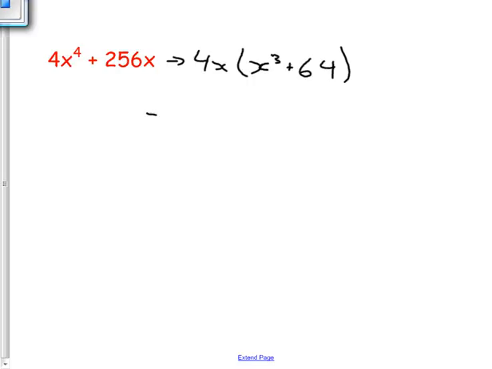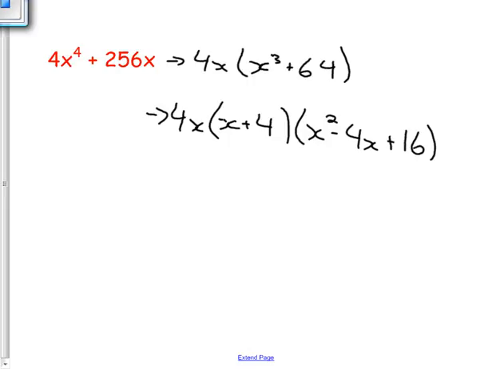So once you factor that, what do we get? x plus 4, times x squared minus 4x plus 16. Got that? Remember to bring this 4x down too. Carry it along to the answer as well. You're going to need that 4x.